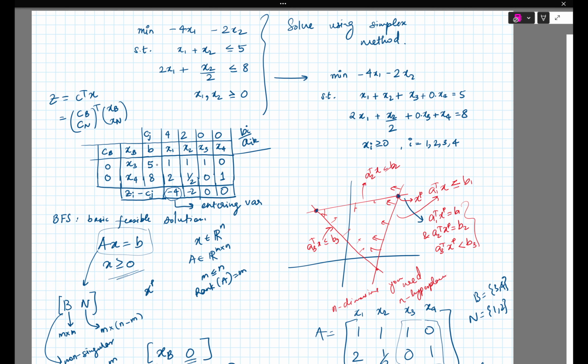Okay, so this is what we call the pivot. Now what we need to do is write this tableau again. I think I'll have to extend this again.